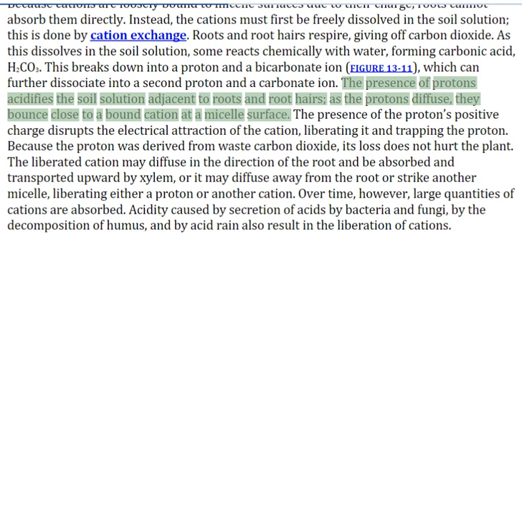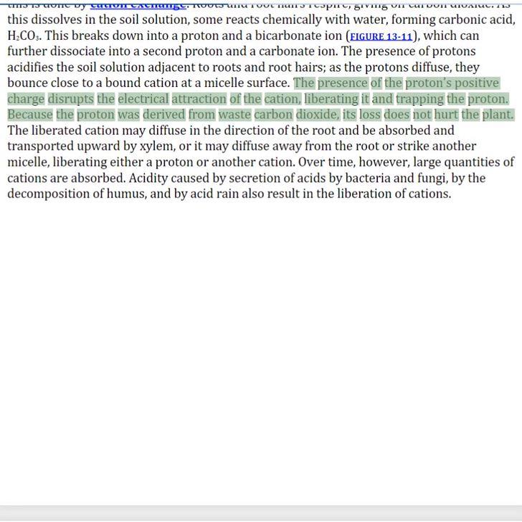As the protons diffuse, they bounce close to a bound cation at a micelle surface. The presence of the proton's positive charge disrupts the electrical attraction of the cation, liberating it and trapping the proton. Because the proton was derived from waste carbon dioxide, its loss does not hurt the plant.